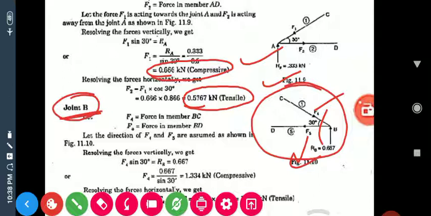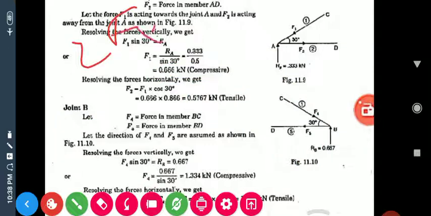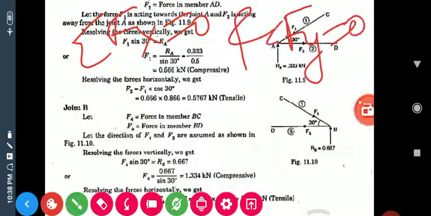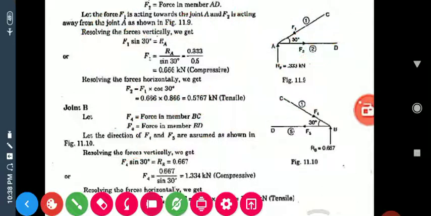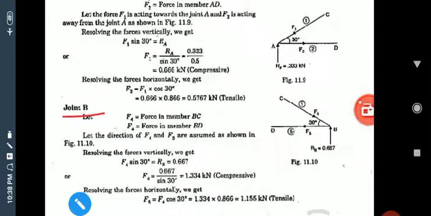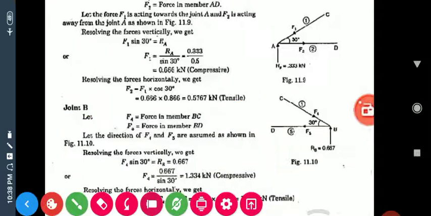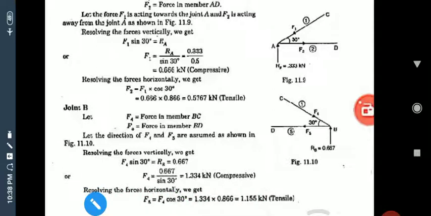Now again we can apply equations of equilibrium: summation Fx equal to 0 and summation Fy equal to 0 for joint B. So if we take summation Fx equal to 0, F5 is acting along this direction, so it would be minus F5.